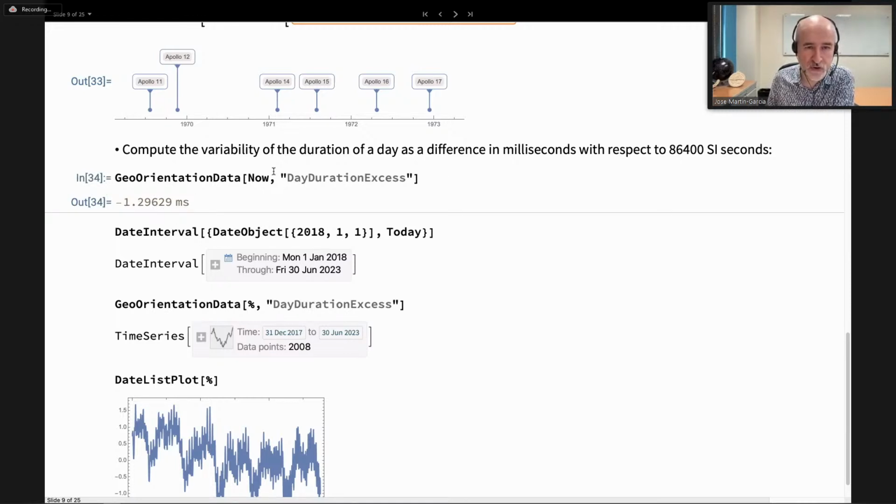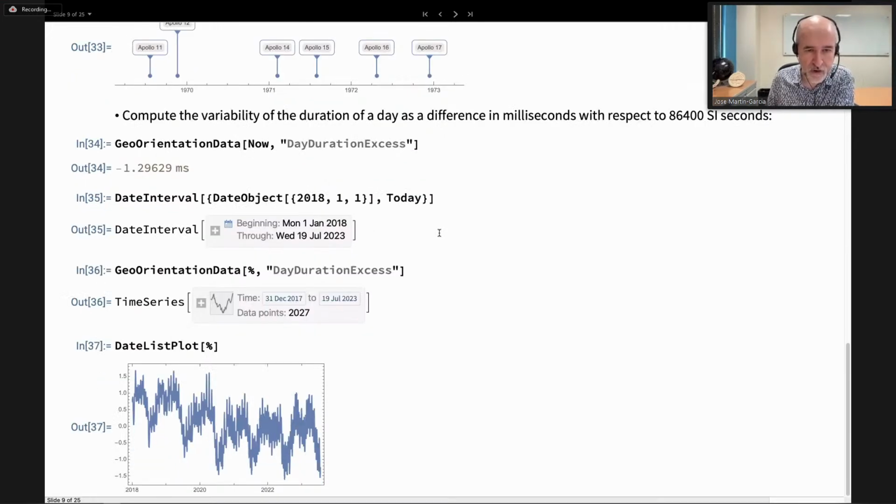This function computes that, what is called the day duration excess, and it reports that today, for example, was a millisecond shorter than the standard average of 86,400 seconds. We have data for that property for many decades. And for example, we see how in recent years, days are getting slightly shorter. Again, this is measured in milliseconds, so changes every day are about a millisecond or so.